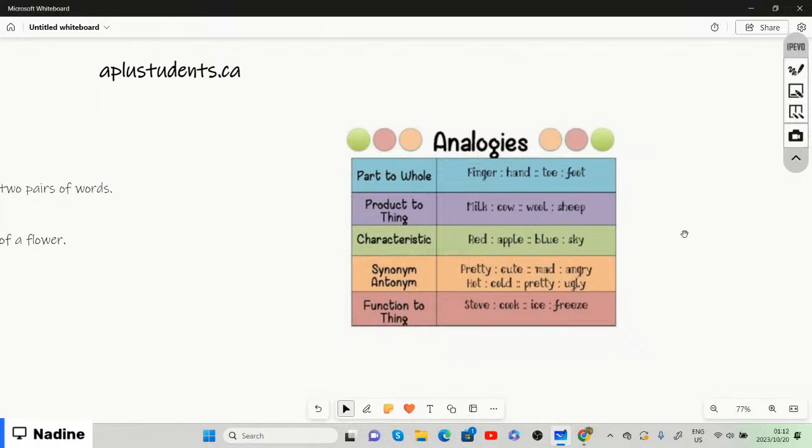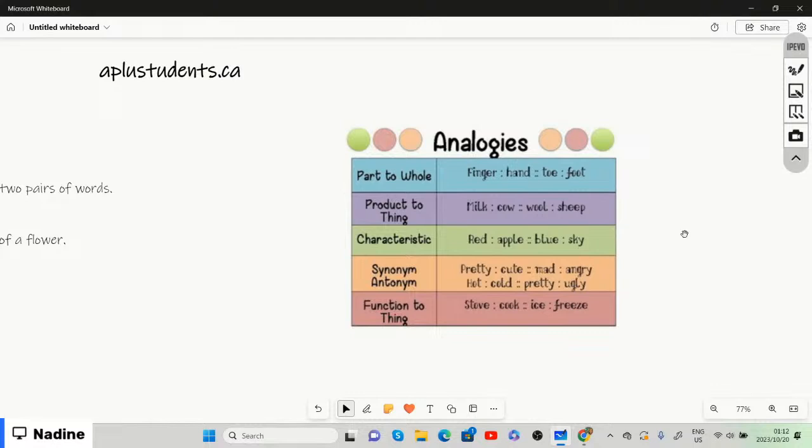For example, red apple, because we'll usually say red as an apple, right? Green like grass, blue like the sky. So it's like you are comparing certain colors to different things.